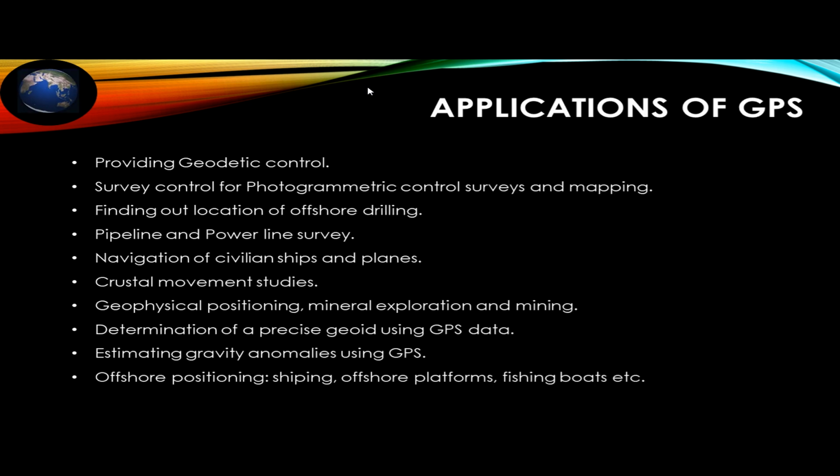So the applications of GPS, the Global Positioning System, are like: it provides geodetic control points, survey control, photogrammetric control, surveys and mapping. As we know, we are going to use it in mapping and locationing. Finding out the location of offshore drilling.